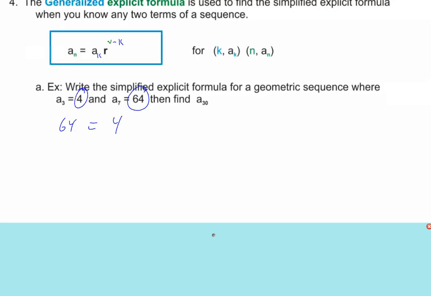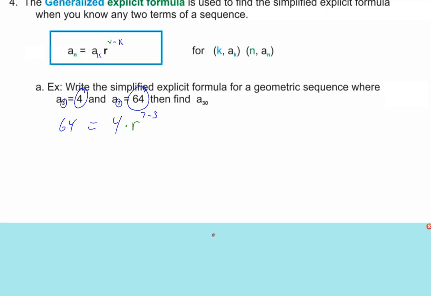The 4. Then it's times r. And what is the exponent? The n value of the latter minus the n value of the earlier. So 64 equals 4 times r to the 7 minus 3.